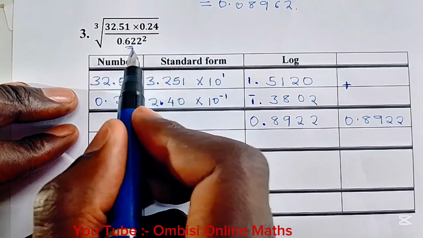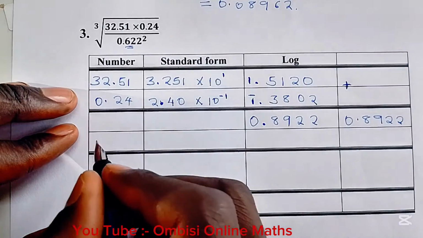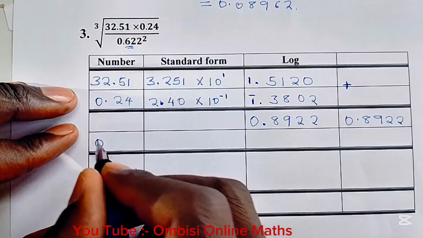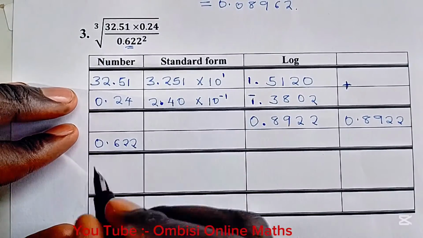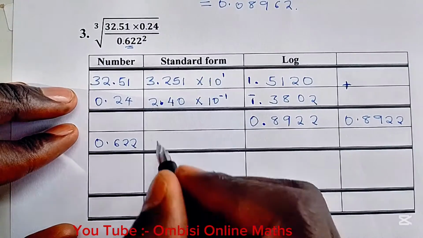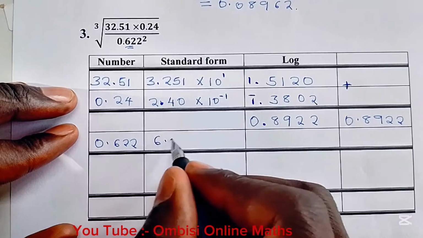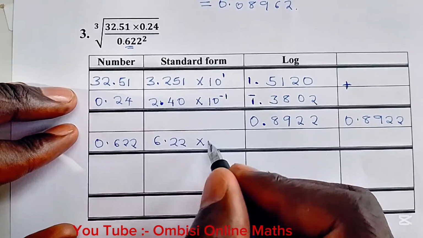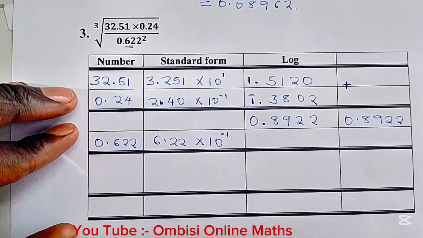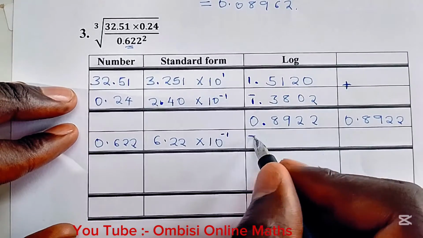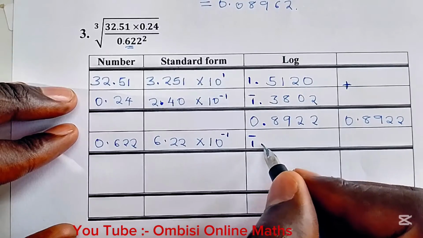There is the denominator. The denominator, we have 0.622. In standard form, this one is the same as 6.22 times 10 raised to bar 1. So the logarithm is bar 1 point.